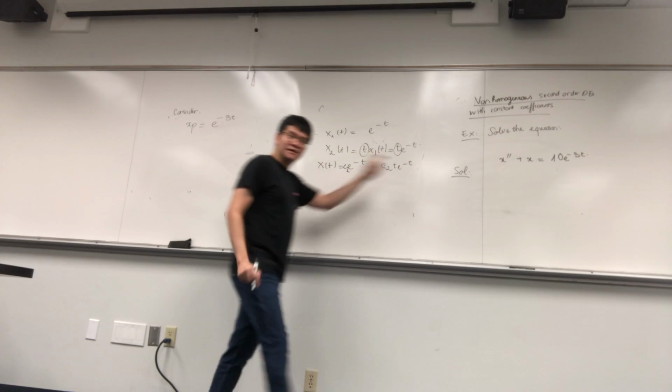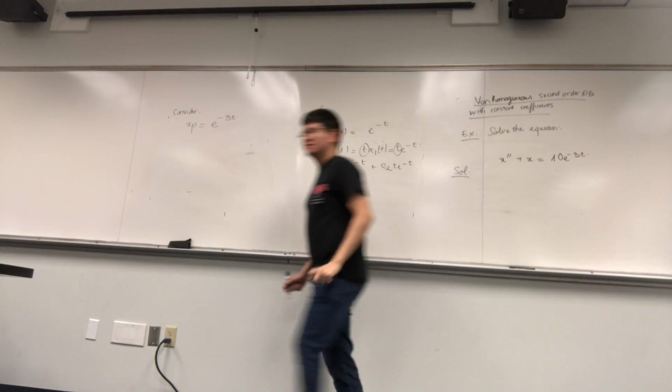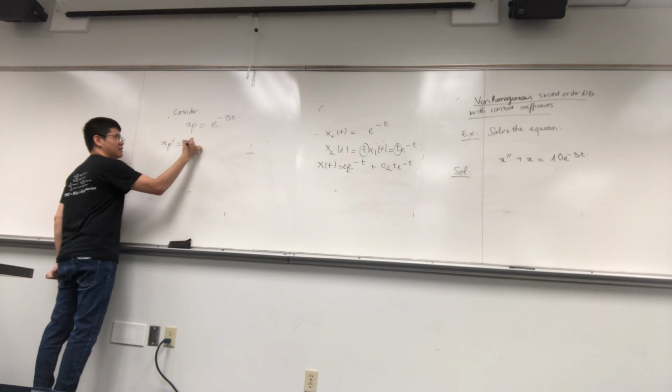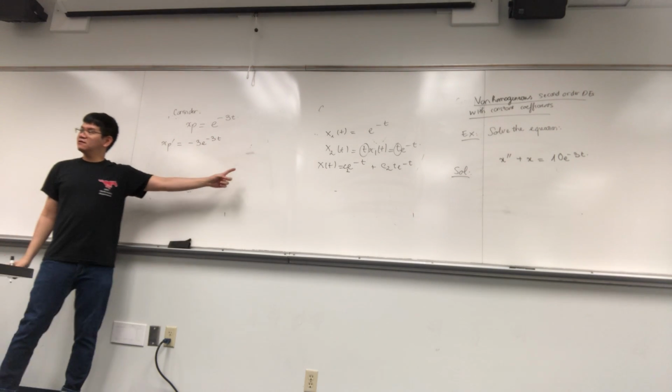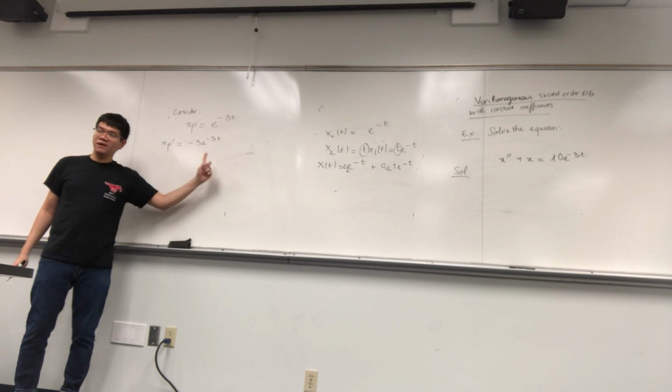So this one is a solution of this equation, right? Why? Because when I take the first derivative, it gives me minus 3 e to the power minus 3t.